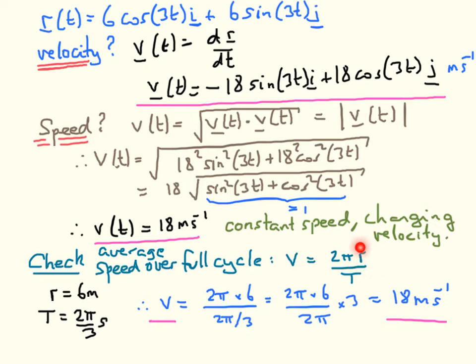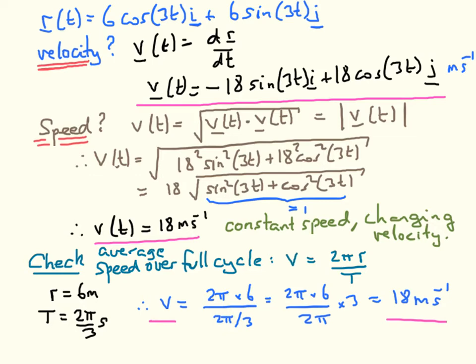So the radius we've said is 6 meters, and the period we have said is 2 pi over 3 seconds. So the speed is 2 pi r, 2 pi times 6, divided by 2 pi over 3. So here we are dividing by a fraction, so that's the same as multiplying by the inverse fraction.